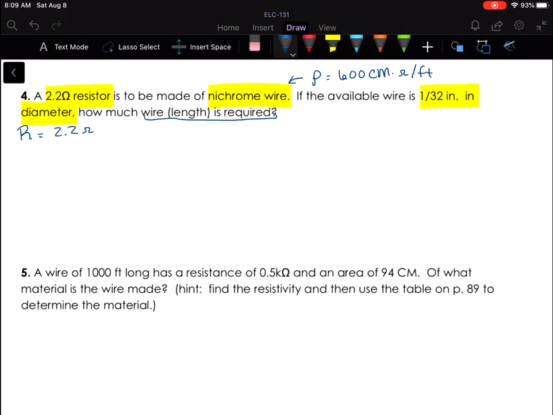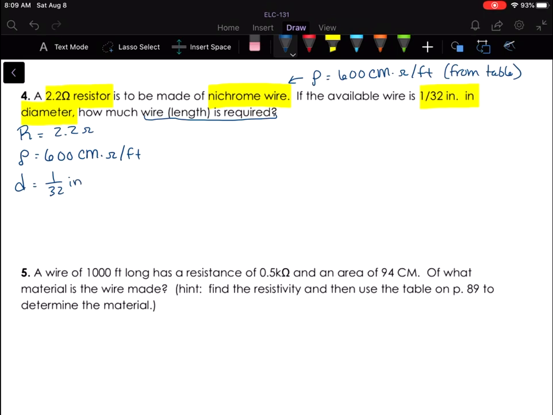Okay, so we have resistivity is about 600 circular mil ohms per foot. Again, I got this from the table in the book. Okay, so if you're wondering where that came from. And then we know the diameter is 1/32 of an inch.